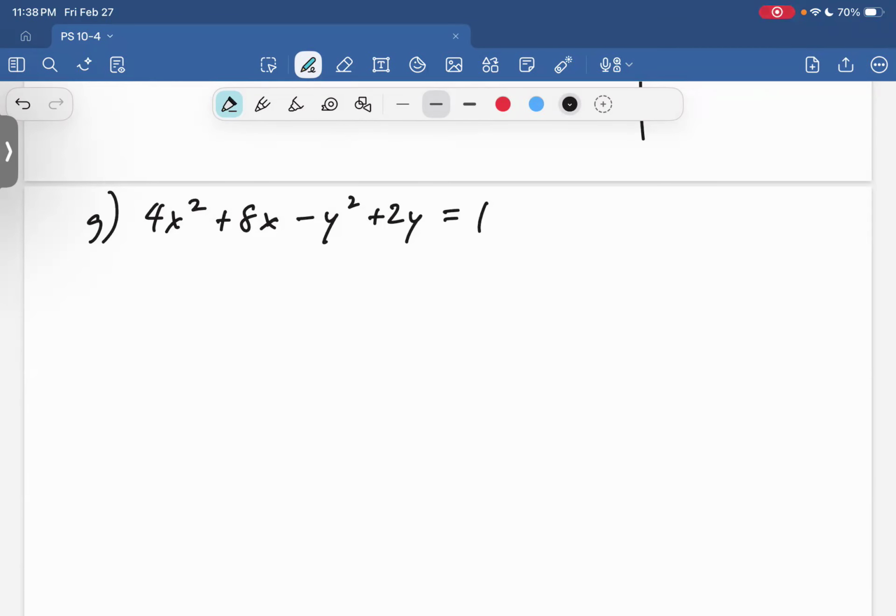I'll bring the 1 to the right side. The right side is 4, so I'll divide everything by 4.